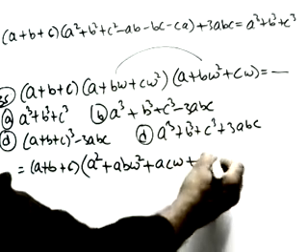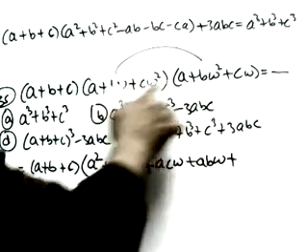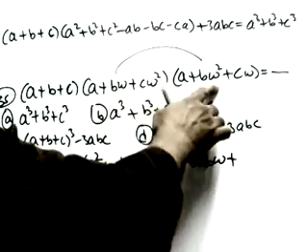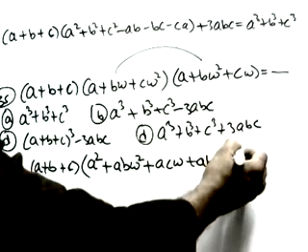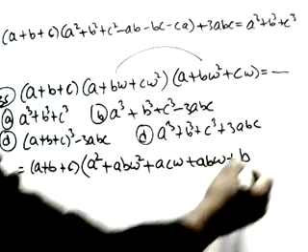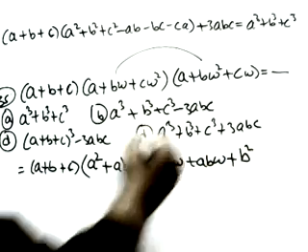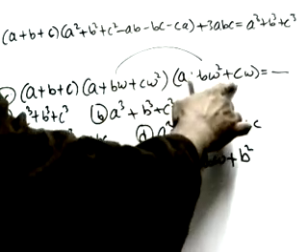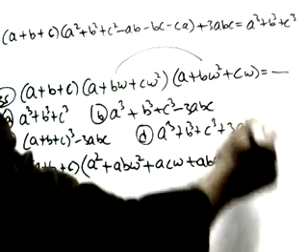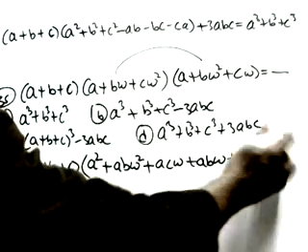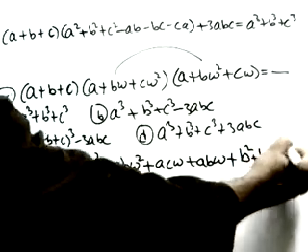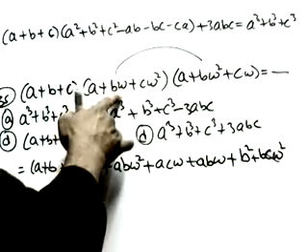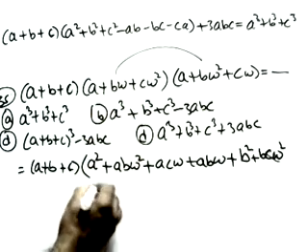Now come here, b into a is ab, plus b into b square, omega into omega square, omega cube. Omega cube is 1. Now see here, b into c is bc omega square. B into c, bc omega, bc omega square. Now b is finished.